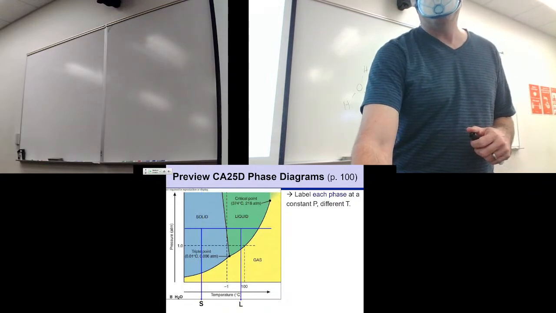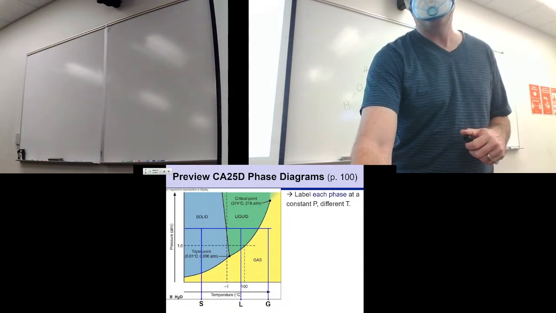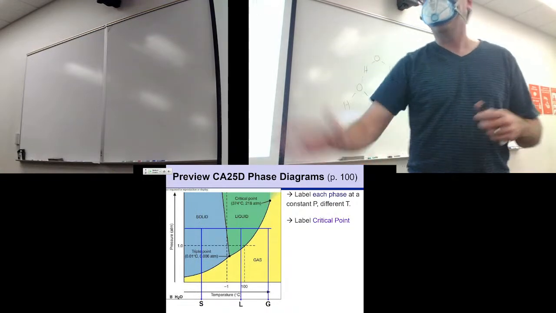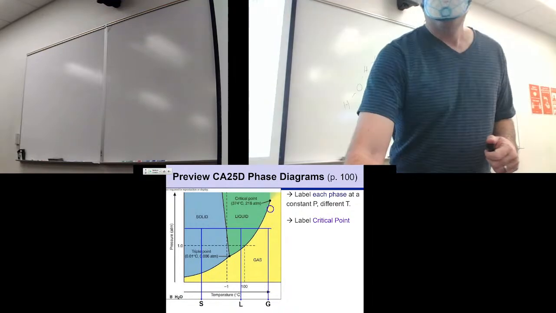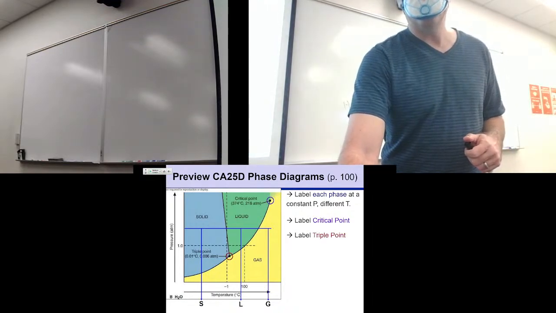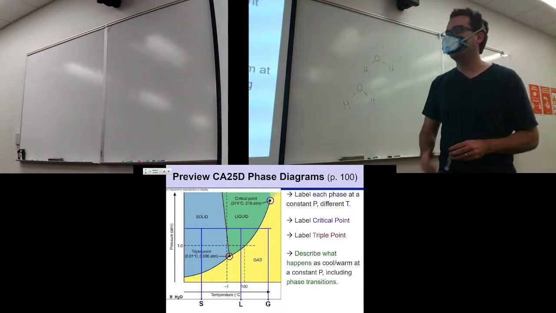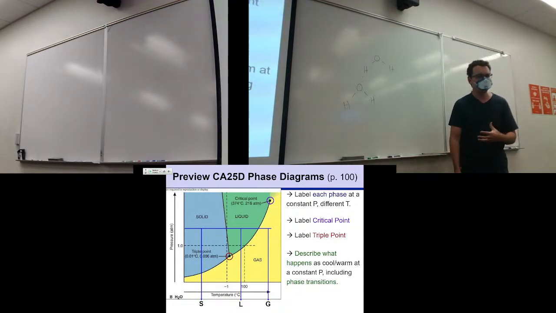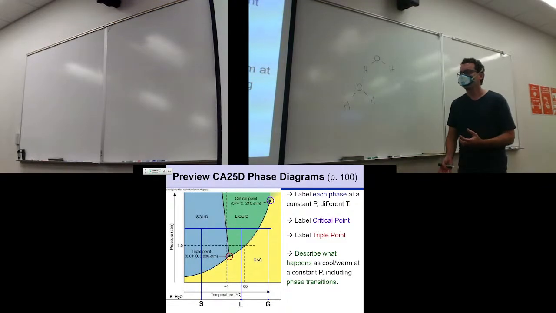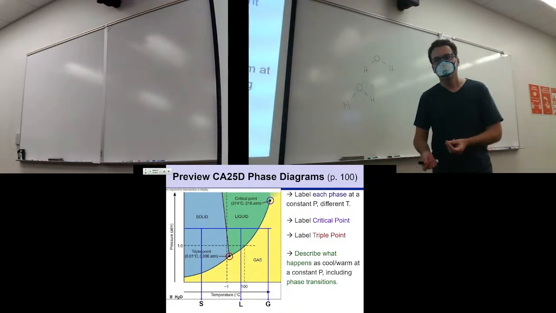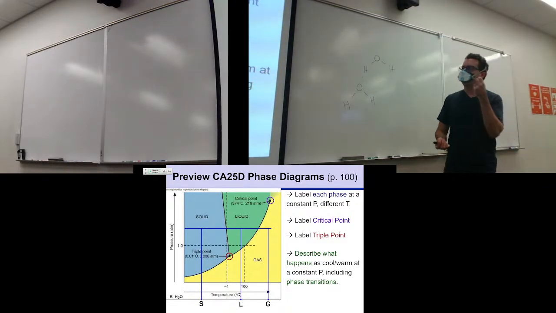You also need to be able to understand, first of all, the different points, critical point and triple point. The other thing you'll have to do is understand what happens to a substance as I change the temperature or change the pressure. So I could give you scenarios. I've got a substance that has this phase diagram, and it's currently at this temperature and this pressure, and if I increase the pressure to this, what happens to the substance?